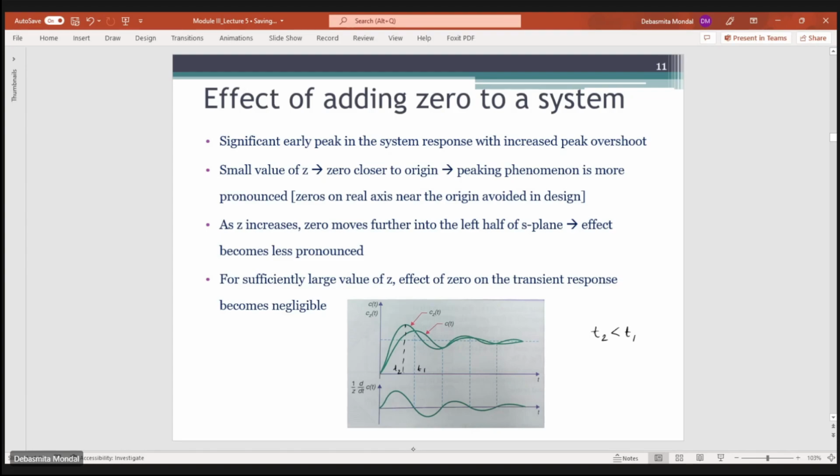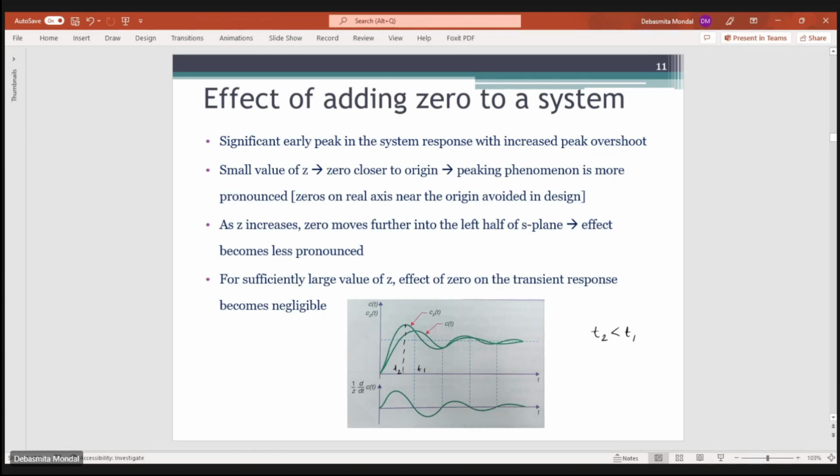So the effect of adding a 0 to a system is reflected as a significant early peak in the system response, as well as an increased peak overshoot.